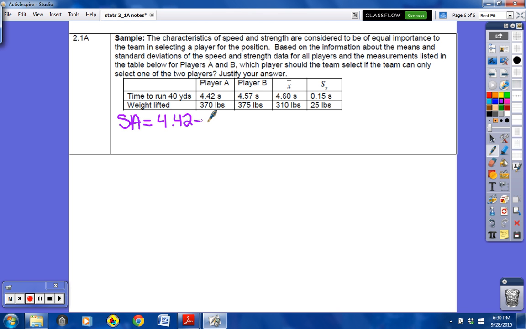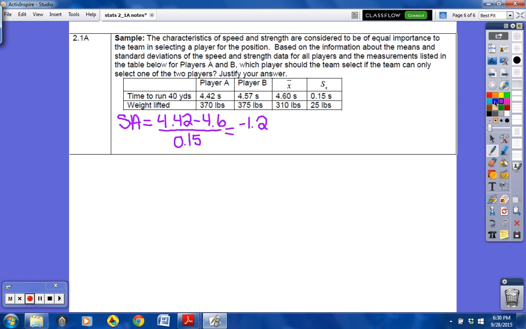I'm going to subtract the mean speed, which is 4.6, and I'm going to divide by that standard deviation of 0.15. So I get a negative 1.2. So they're below the mean by 1.2 standard deviations.